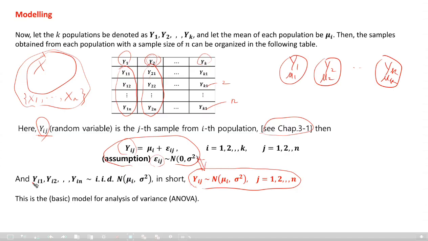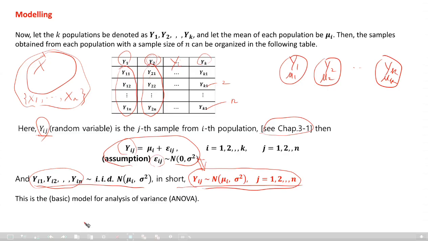And yi1, yi2, yin are what? From the ith population, yi samples. So iid, normal distribution with mean mu i and variance sigma square. It's the same thing. This is the basic model for ANOVA.